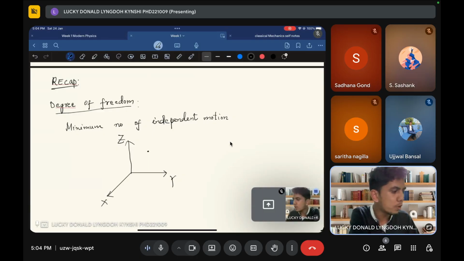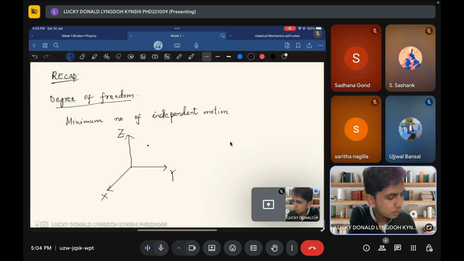So how many coordinates do you need to describe this particle? The degrees of freedom in this case will be equal to 3, because it can move in all directions. For me to describe this particle point P, I need to describe the x coordinate, the y coordinate, and the z coordinate, that is, (x, y, z).